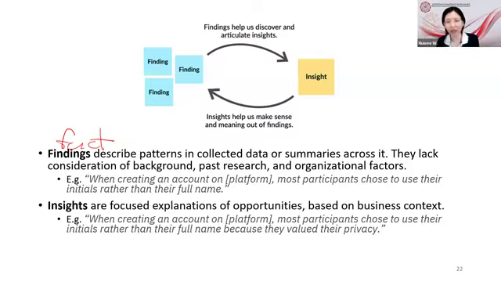This is the finding. But after your findings, you need to come up with why, using background knowledge. That's because they value their privacy, and this is why they don't use their real full name. They use a nickname or initials instead, because they are wary that their privacy may be used illegally when they register on your platform.